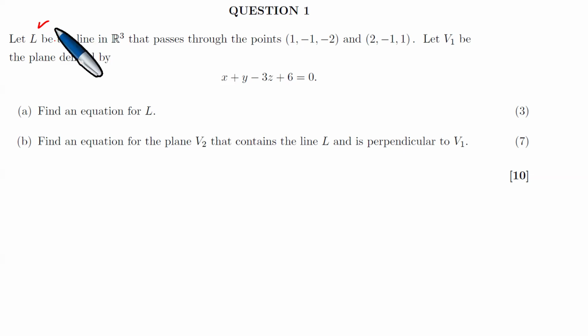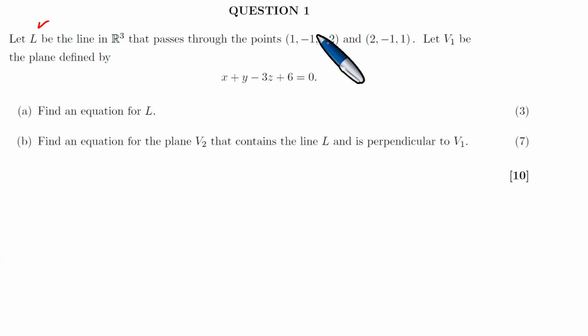Now, obviously, what you need to look at here is that we have been told that L is the line in R3 that passes through the points. So you have 2 points there, and therefore what we need to note is the following.